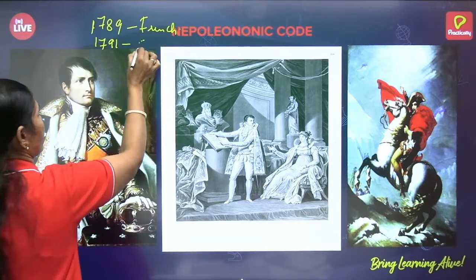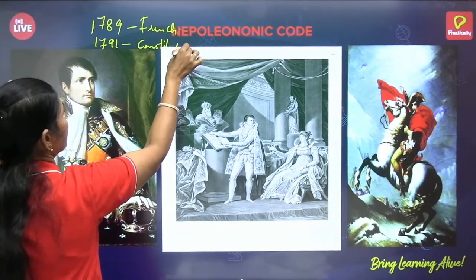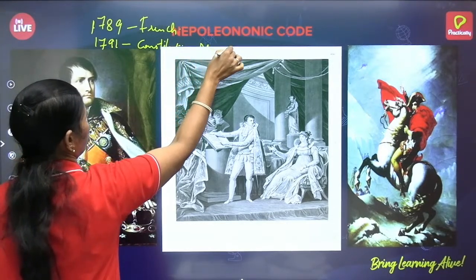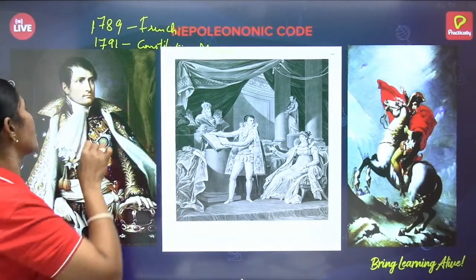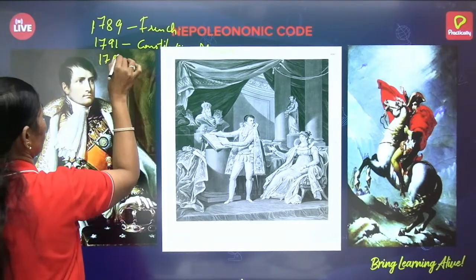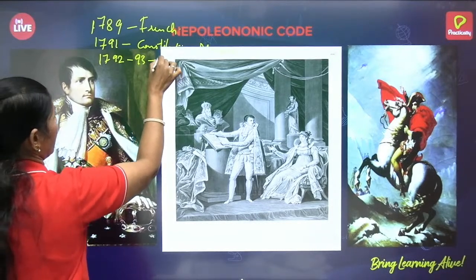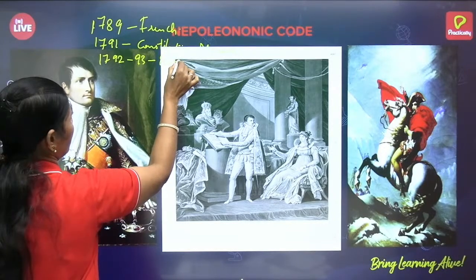The king's powers were reduced, and that's called a constitutional monarchy. And even this constitutional monarchy was dismissed in 1792 to 93, when the Jacobins took control, with Robespierre as their head.